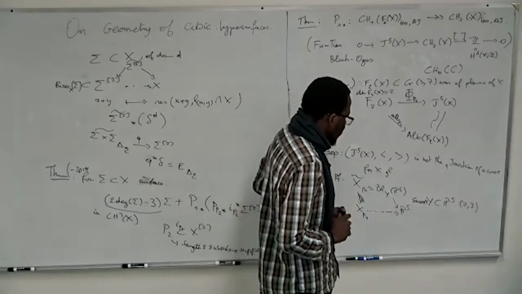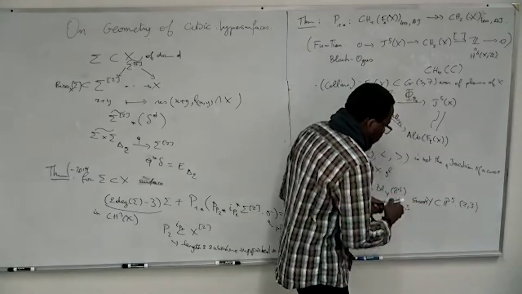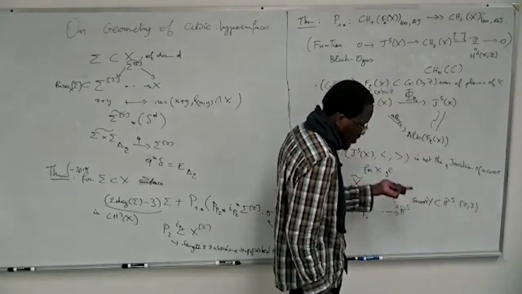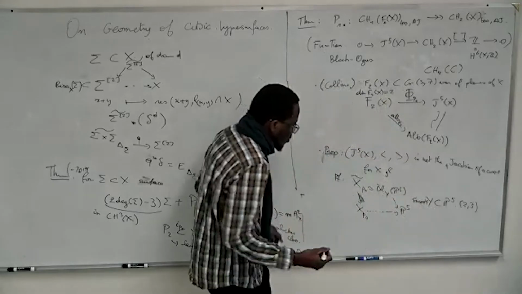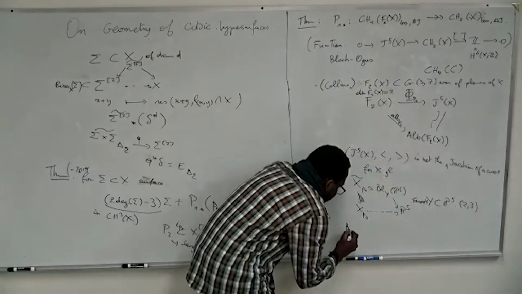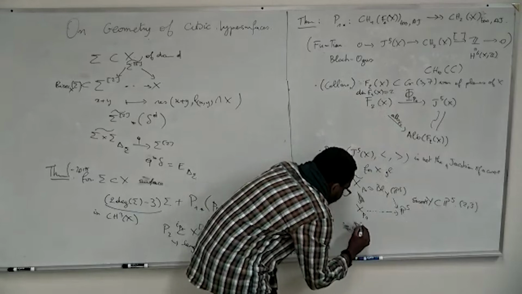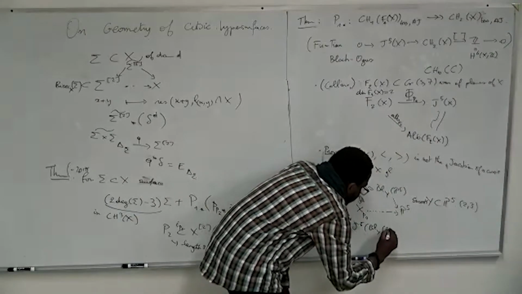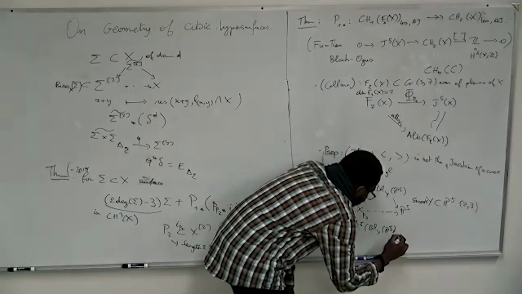And the way Beauville proved that it was not rational is by the Clemens-Griffiths criterion, meaning that the Jacobian of this variety is not the Jacobian of a curve, and the G3 of the blow up is just isomorphic to this Jacobian with the polarization.